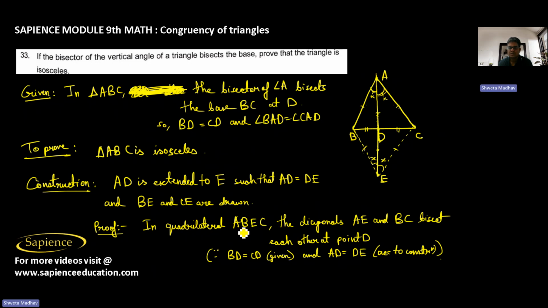So therefore, since in this quadrilateral the diagonals bisect each other, I can say that it is a parallelogram.